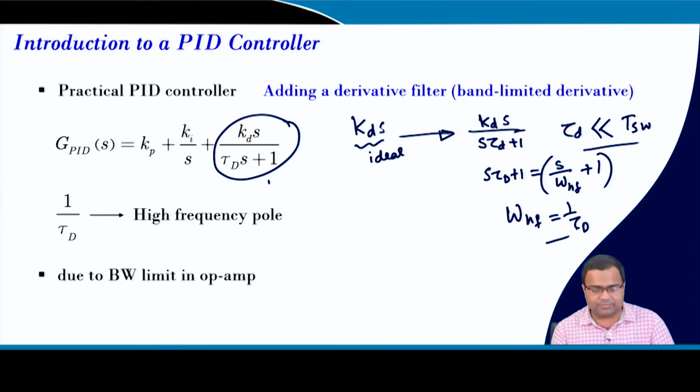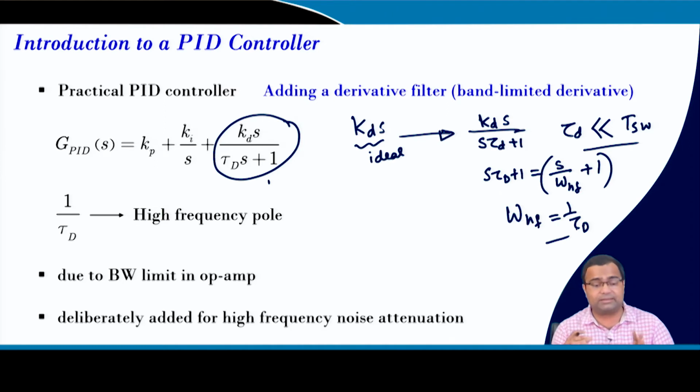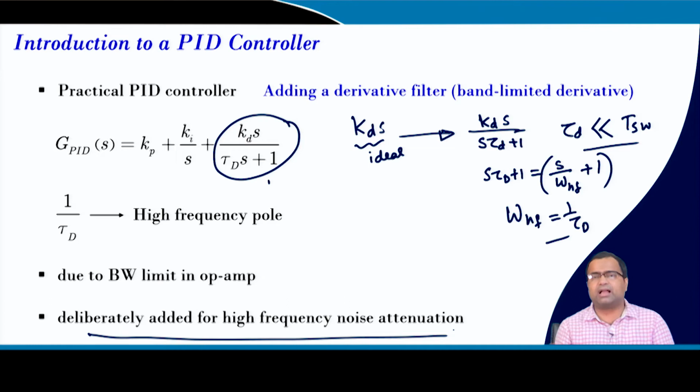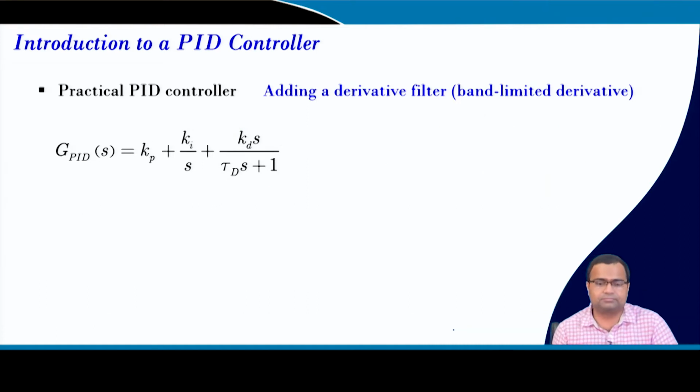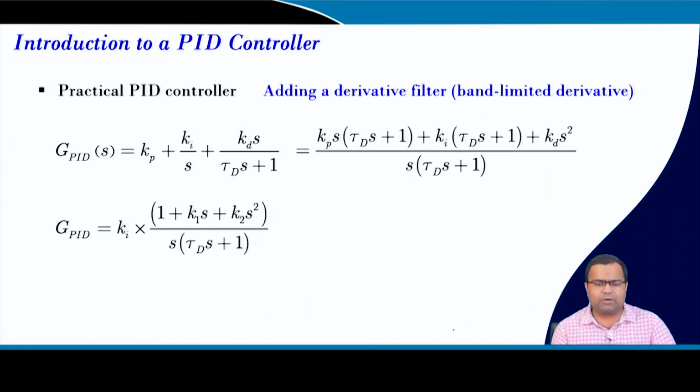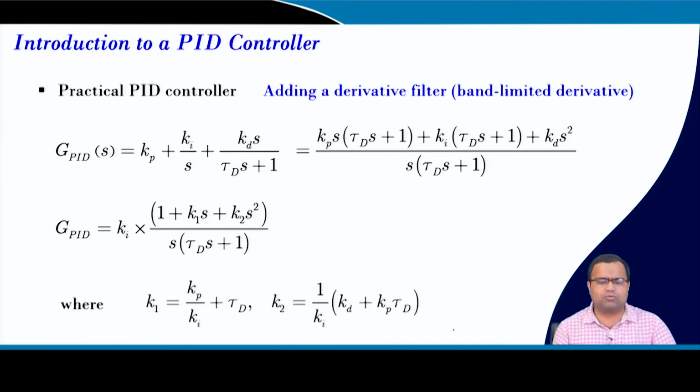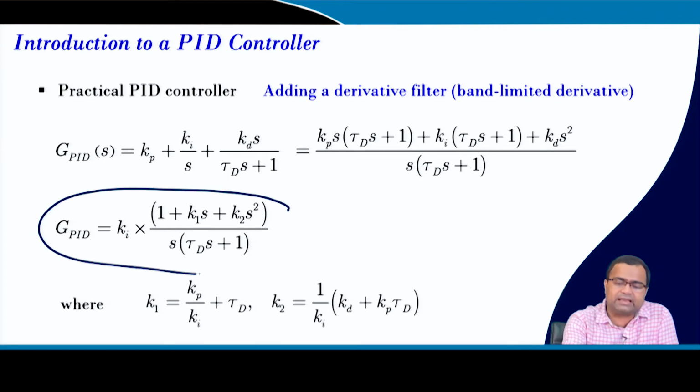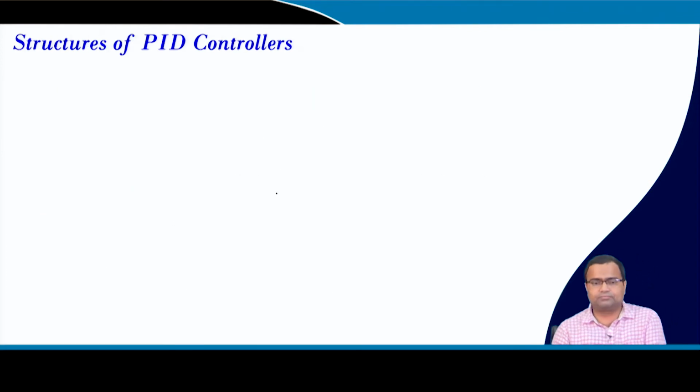This high frequency pole is due to the bandwidth limit of the op-amp, and sometimes we deliberately increase this time constant or decrease the high frequency bandwidth, so that we can attenuate the noise. So, we know about this PID controller and how to write it down, and we have discussed that in detail in lecture number 34.